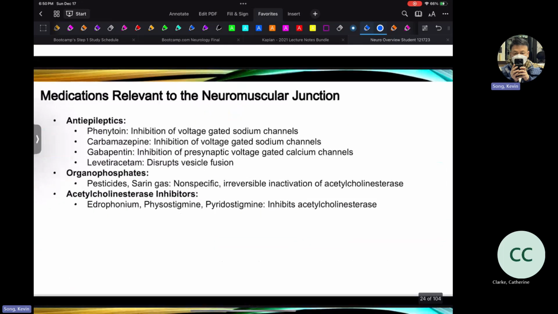All right. So these ones are for the neuromuscular anti-epileptics. Whenever you see the pharm, you will have to know all the mechanisms of action and side effects, everything, of course. But many drugs can be used for the same conditions.